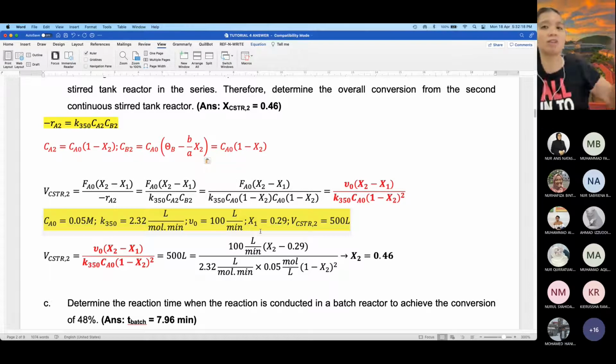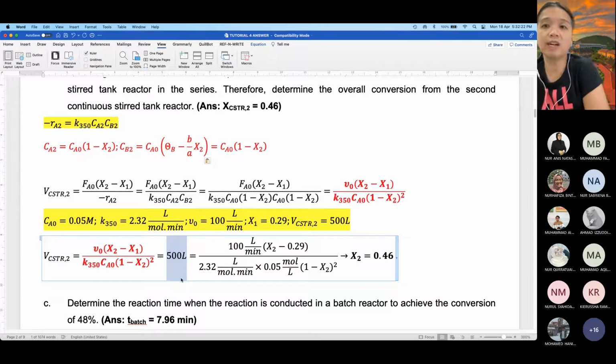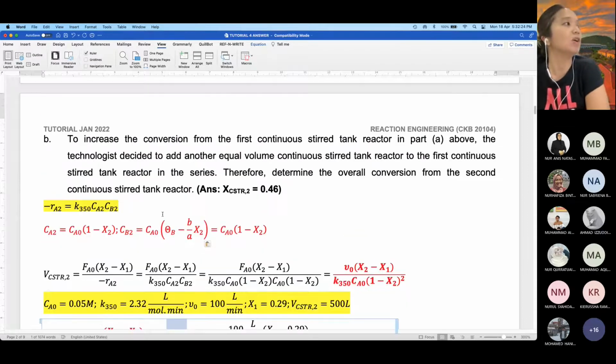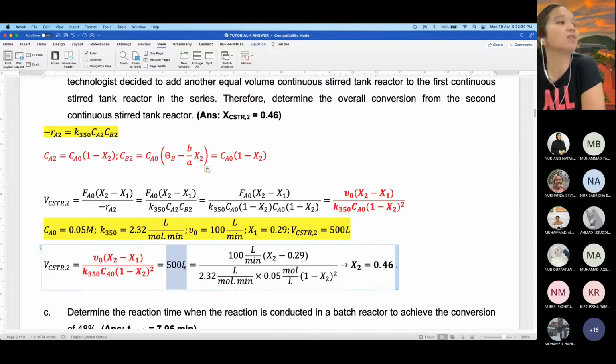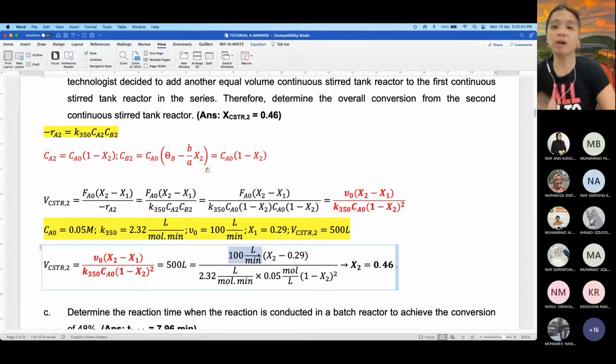So technically on the left hand side, the volume of the second reactor is still 500 liter because they said to add another equal volume CSTR. It means for the second CSTR, the volume is also 500 liter. Then in the equation, the initial volumetric flow rate is still unchanged. Again, the volumetric flow rate is still the same because remember, it is continuous.